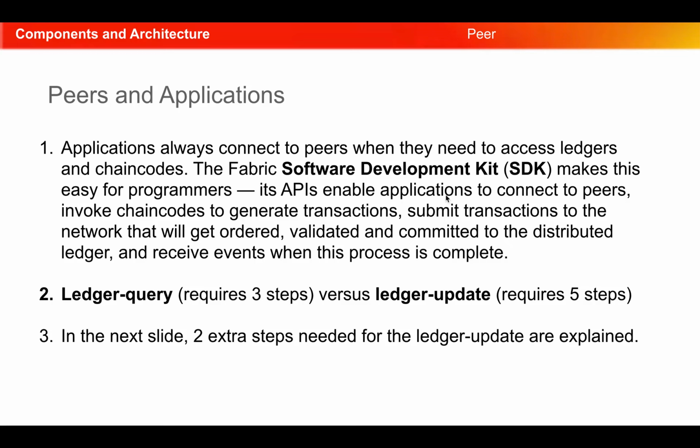Its API enables applications to connect to peers, invoke chain codes to generate transactions, submit transactions to the network that will get ordered, validated, and committed to the distributed ledger, and receive events when this process is complete. There are two types into which transactions to and from the peer can be categorized: ledger query and ledger update. We will see what ledger query and ledger update mean in the next slide.